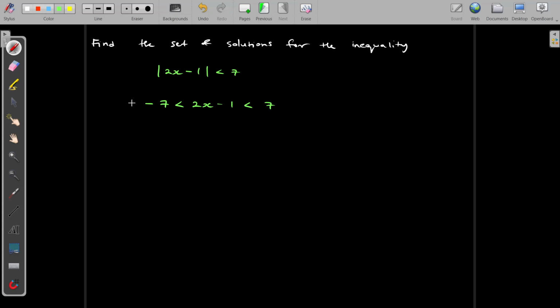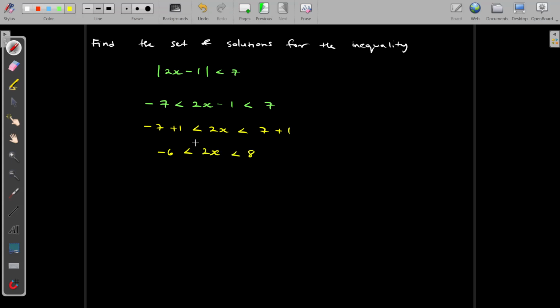So we simply transpose. So to get rid of this negative 1, we'd have to add 1 over here, add 1 over here. So this is simply negative 7 plus 1, 2x, and then 7 plus 1. So this is negative 6, and this is 8.